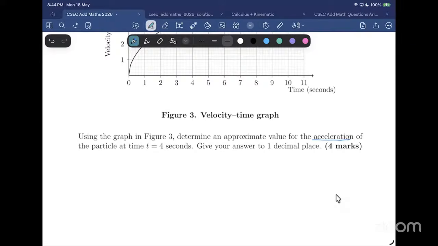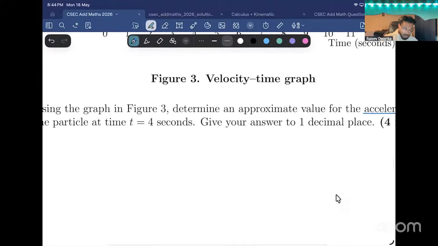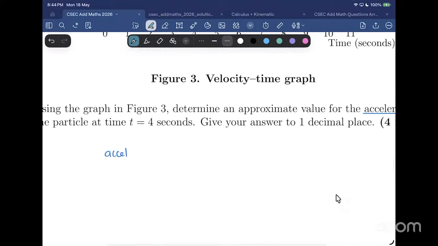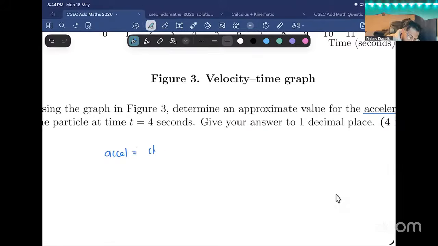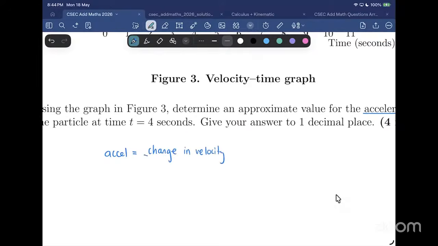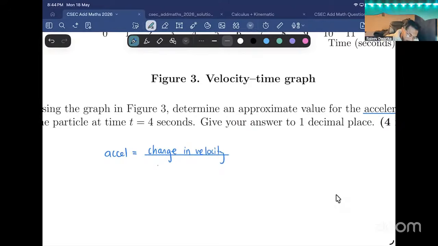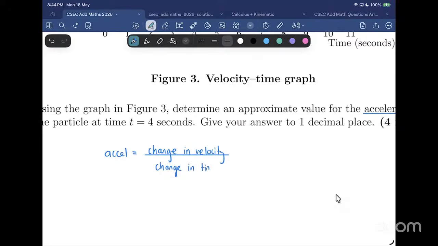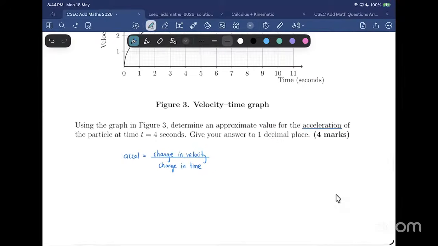So here, what is acceleration? Acceleration is the change in velocity with respect to time. Why am I telling you this?